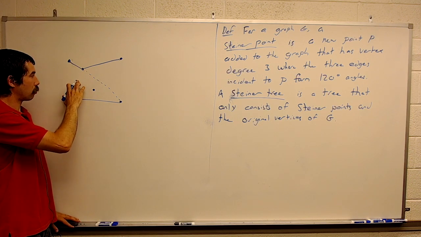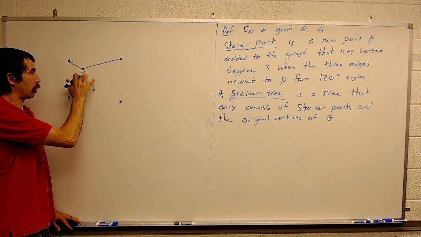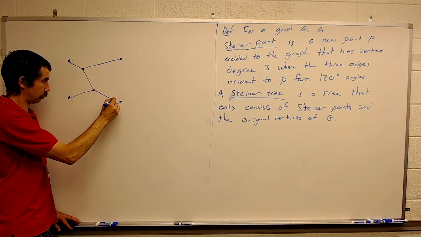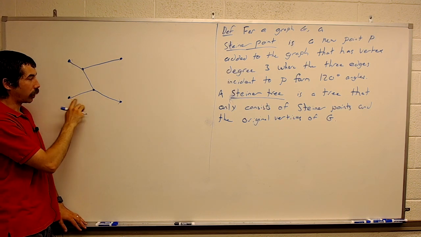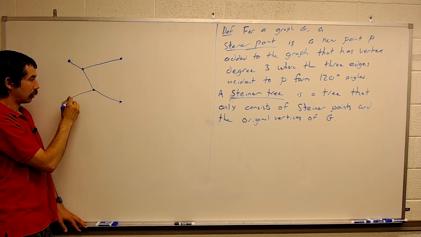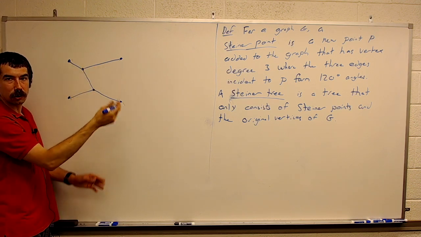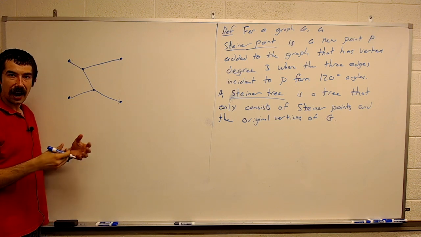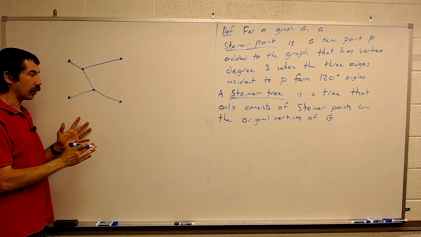All right, and so we now get rid of these edges and put in our new edges. Then again, we would check. This is 120, this is 120, this is 120. There's no triangle that we could make with a phantom edge that has all angles less than 120 degrees. So we're done.